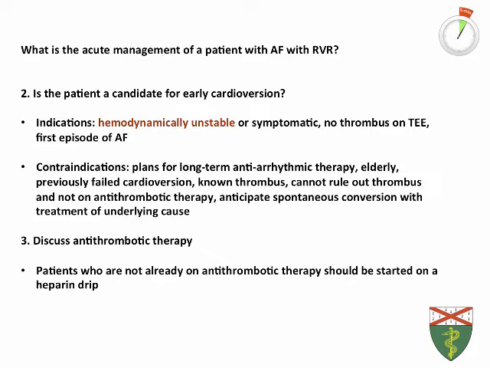Contraindications include plans for long-term antiarrhythmic therapy, patients who are elderly, previously failed cardioversion, have a known thrombus or cannot rule out a thrombus, and the patient is not on antithrombotic therapy, or if you anticipate spontaneous conversion with treatments of an underlying cause. Lastly, I would discuss antithrombotic therapy, as patients who are not already on antithrombotic therapy should be started on a heparin drip to prevent formation of thrombus.